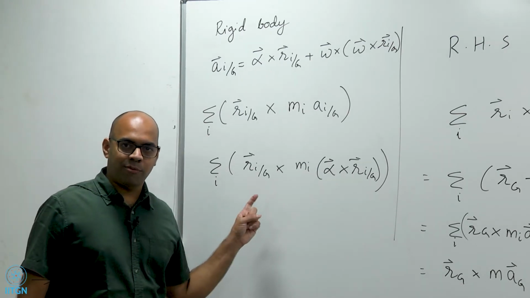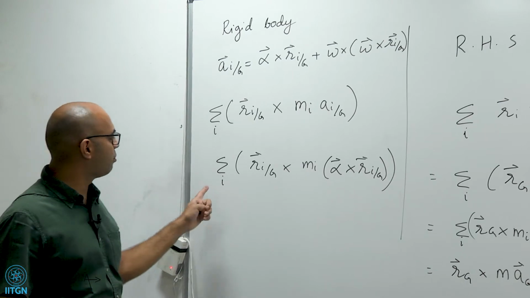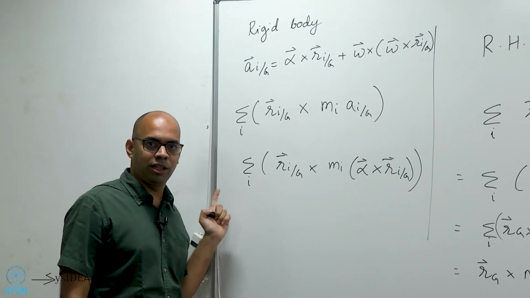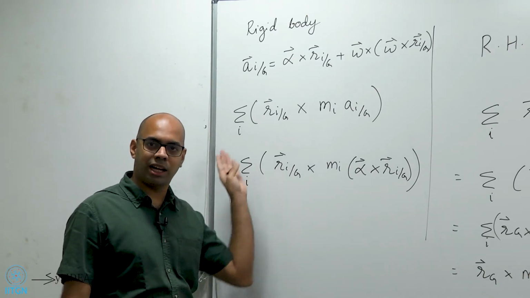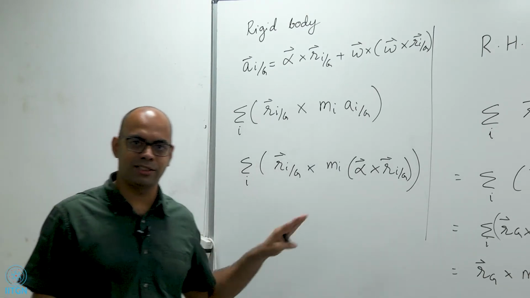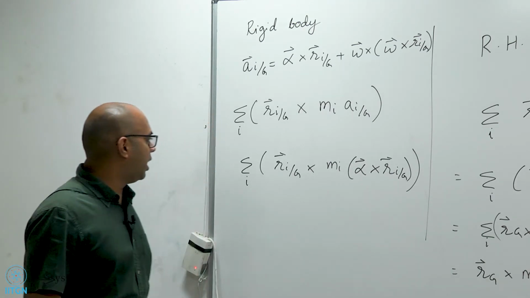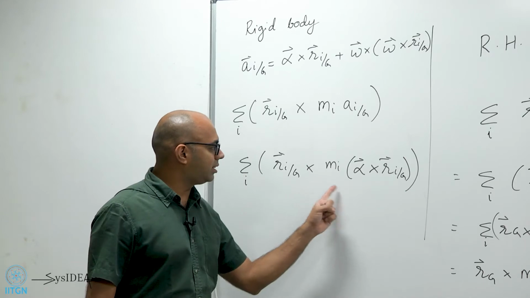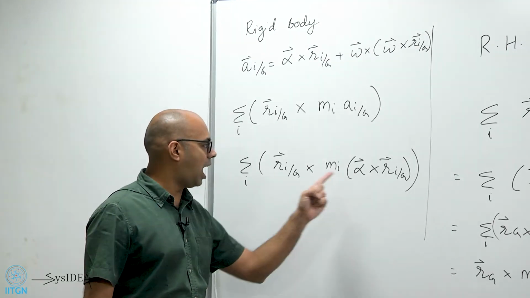Now obviously there is some abuse in this derivation, because when we are dealing with a rigid body, there are no longer a finite set of particles. This should really be an integral over dm, but I am showing a summation just to give you a sense of how that derivation works out. The other thing you can see right away here is that there is an alpha, but there is also an mr squared.